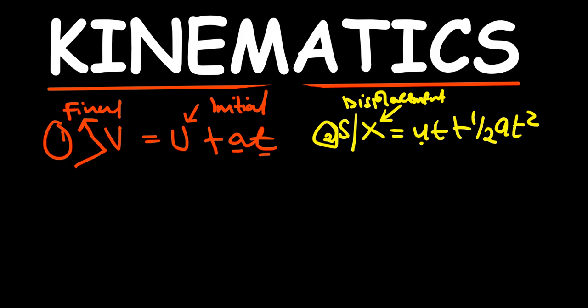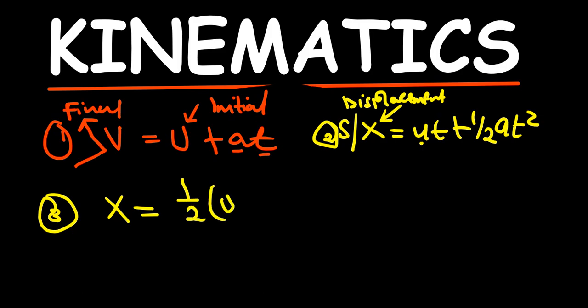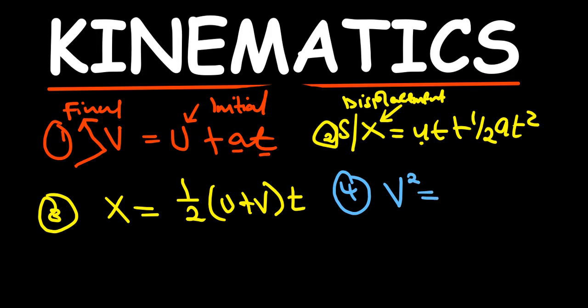So this is the second equation of motion, and then the third one, we have that this same displacement is also equals to half, and then I have initial velocity plus final velocity multiplied by time. So the fourth one, we write it as final velocity squared is equals to initial velocity squared plus 2 multiplied by the acceleration multiplied by the displacement.